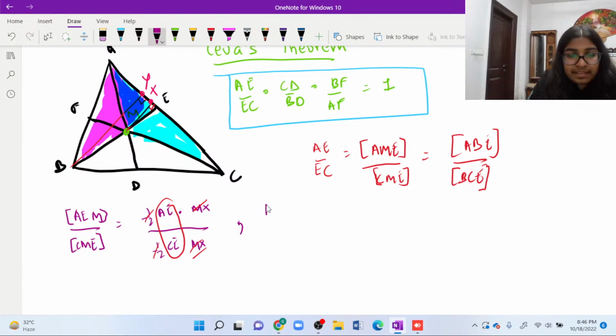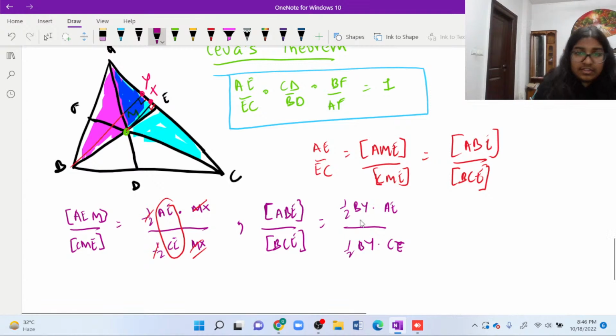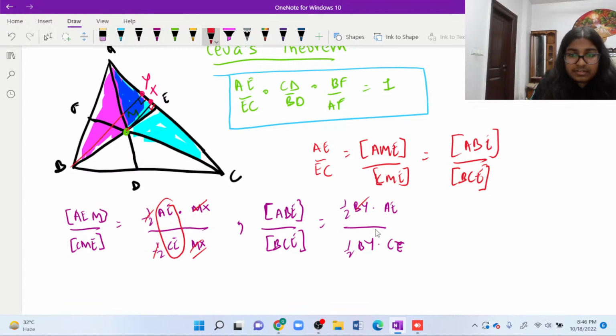Similarly, area of ABE upon area of BCE equals half BY times AE by half BY times CE, and again these two cancel, so it's again AE by CE.